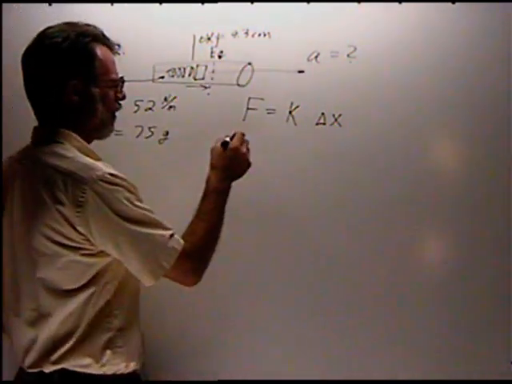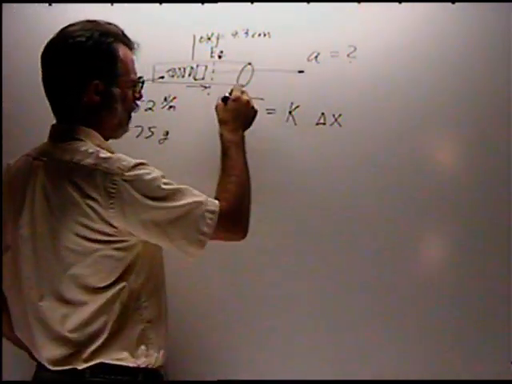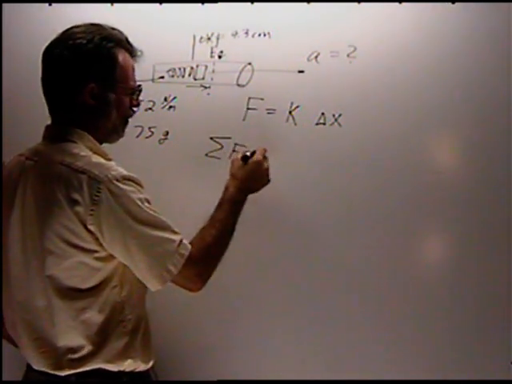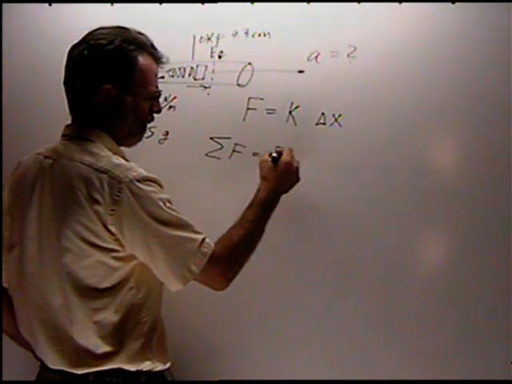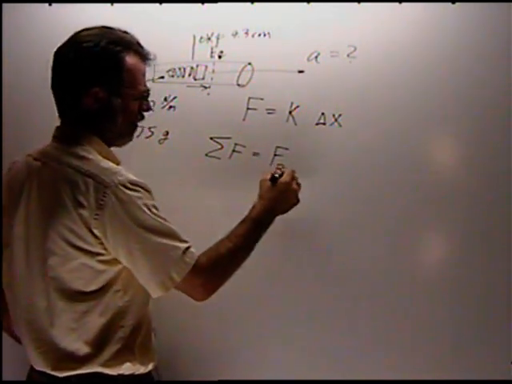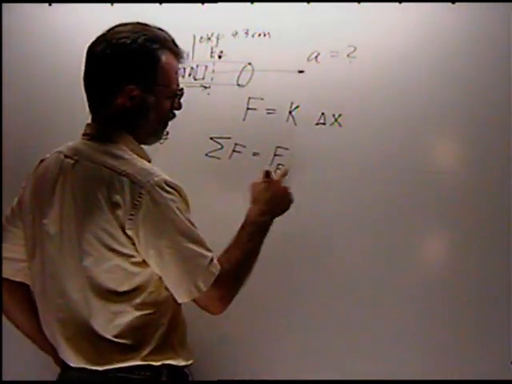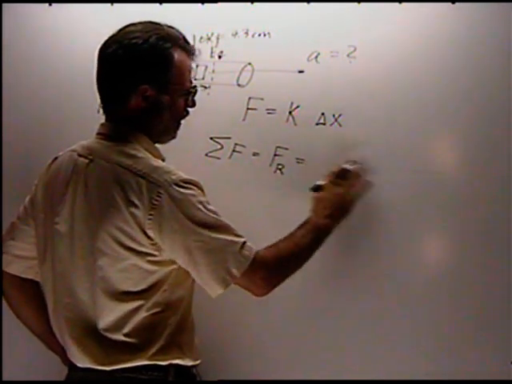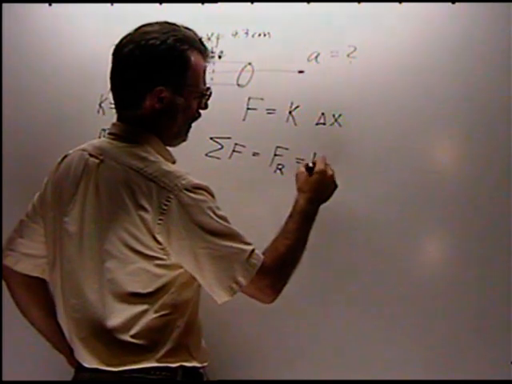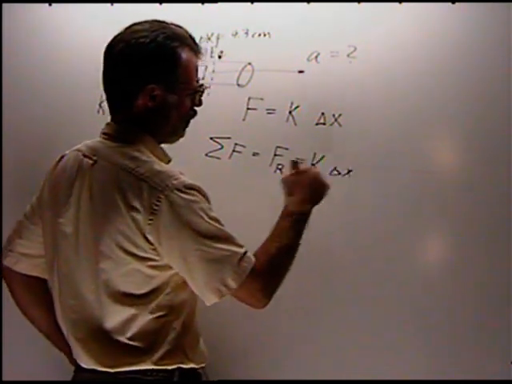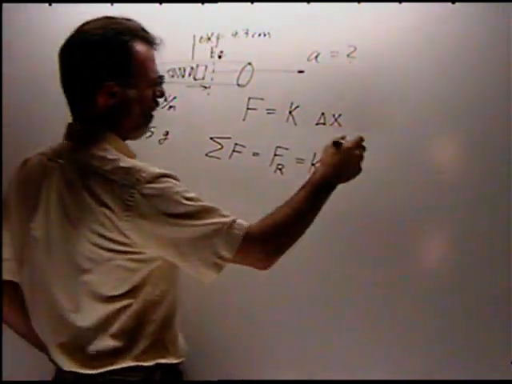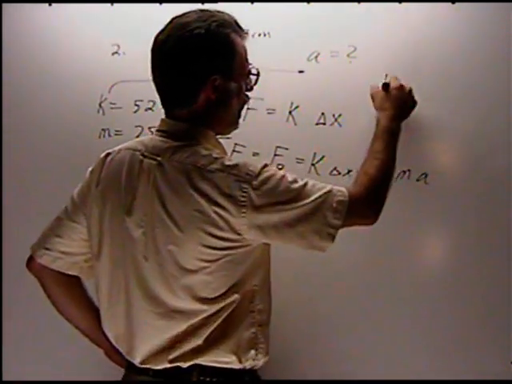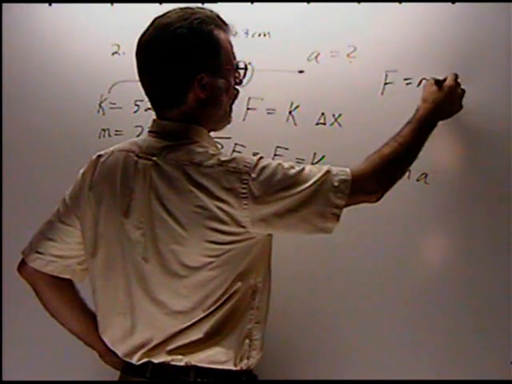So the sum of the forces is only one. There's only one force, and that's the restoring force of the spring. That's equal to k delta x, and all of this is equal to mass times acceleration. Remember, F equals ma.